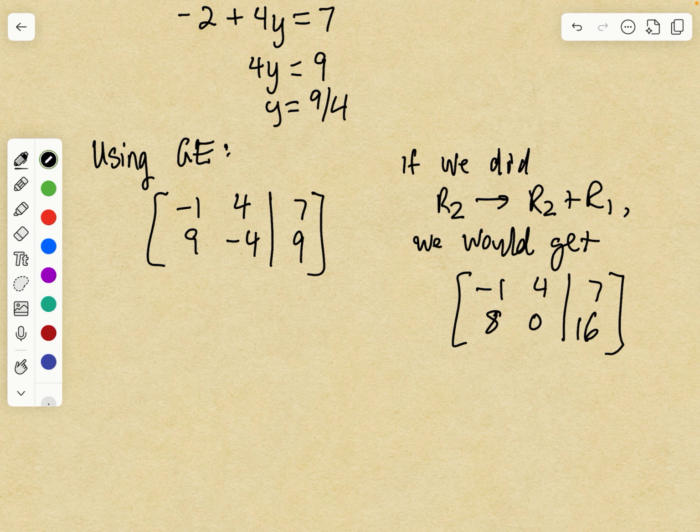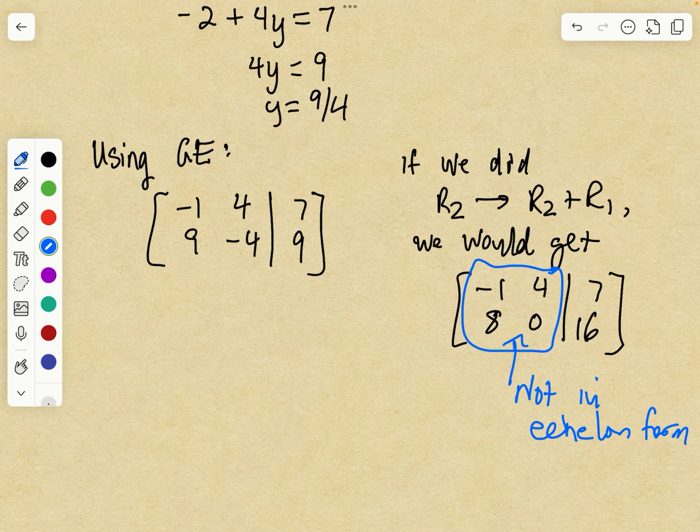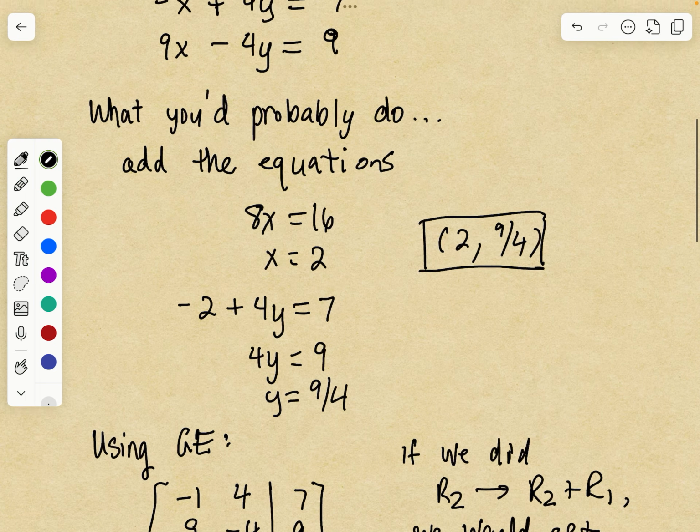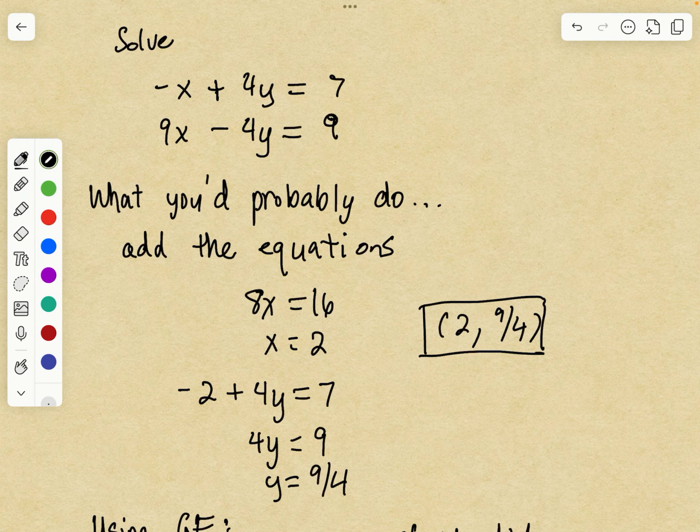No, right? It's not in echelon form. This matrix is not in echelon form. So the point I'm trying to make is that the steps of the algorithm do not necessarily correspond to the steps that you would naturally do to solve a system of equations.